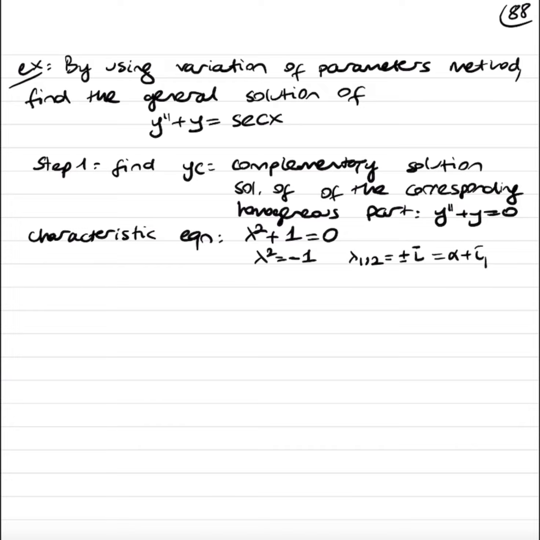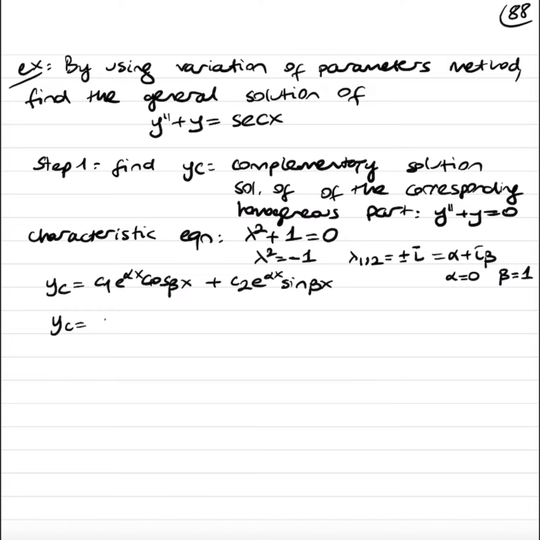If you recall, when we have complex roots, we write y complementary as c1 e to the power alpha x cosine beta x plus c2 e to the power alpha x sine beta x. In our case it is plus minus i, so alpha is equal to 0, beta is equal to 1.